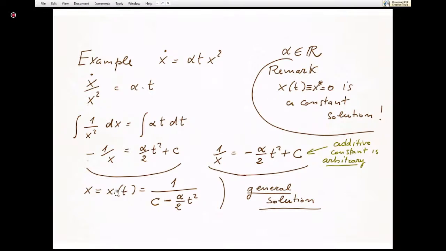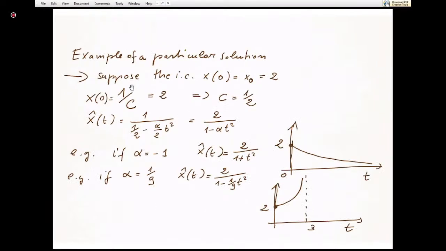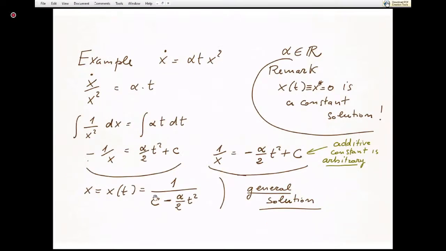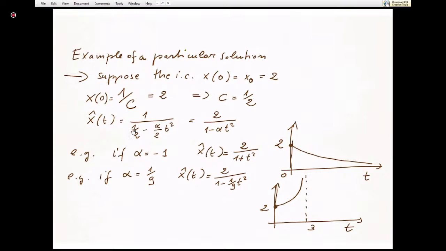What is x at time 0? I have to replace t with 0 here. It's 1 over c. I want 1 over c to be equal to 2, so c is equal to 1/2. Go to the general solution formula, this becomes 1/2. So in the denominator I have 1/2 minus alpha over 2 t squared. So my particular solution corresponding to the initial condition x0 equal to 2 is this one.